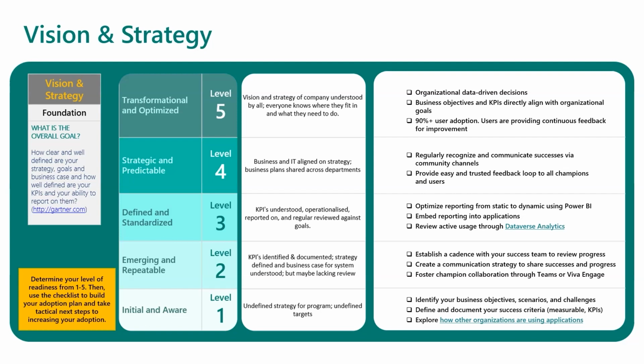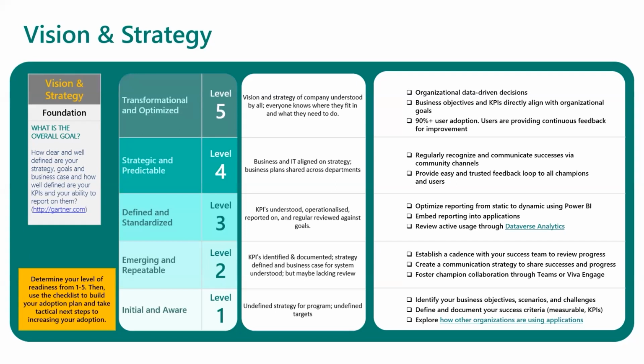When we're answering these questions, we want to determine where we fall on this 5-level scale. Level 1, indicating that people may know about a certain initiative, but it's not at the forefront of their minds. And up to a level 5, which means that this initiative is impacting the direction of an organization.